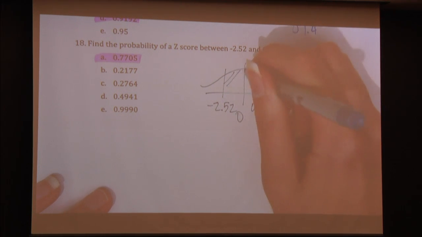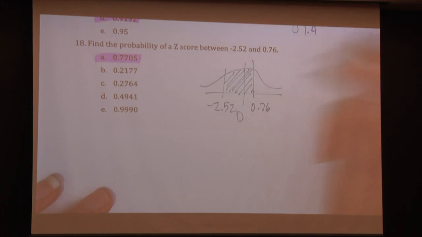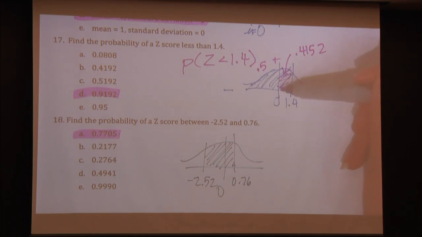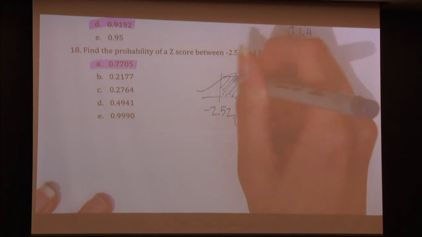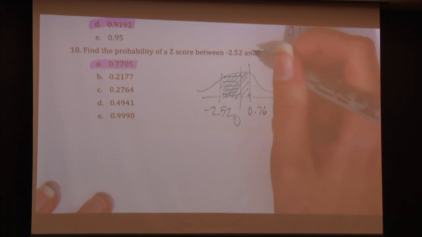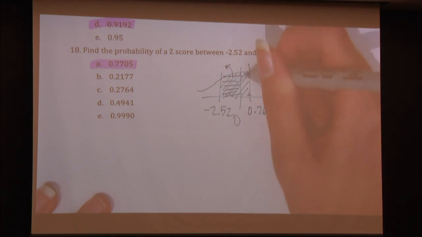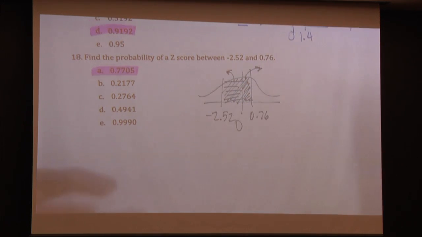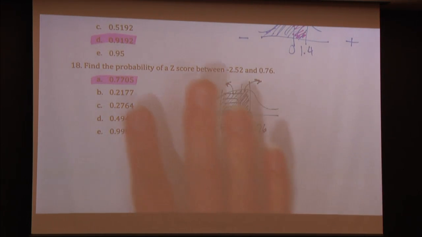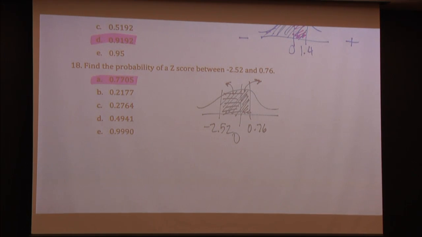We said the area between. And just like up here when we said it gave us the area between 0 and the value, we have one piece over here that'll give us part of it, and another piece over here will give us another part of it. And when you solve both of them, you should get 0.7705.